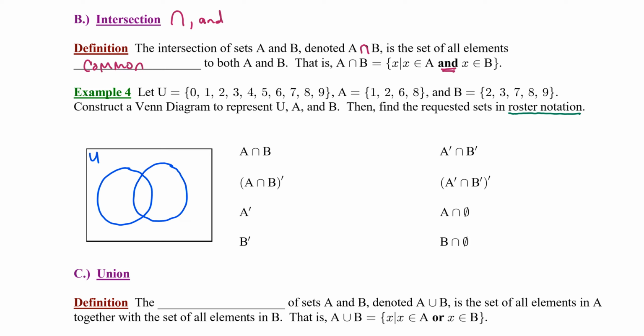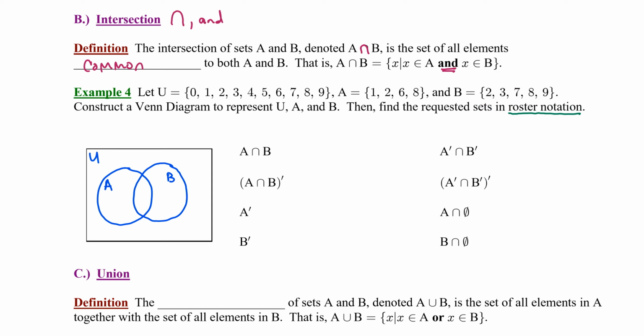So I'm going to name the set on the left A and the set on the right B. Now let's list the individual items. Set A has values 1, 2, 6, and 8. Set B has values 2, 3, 7, 8, and 9.